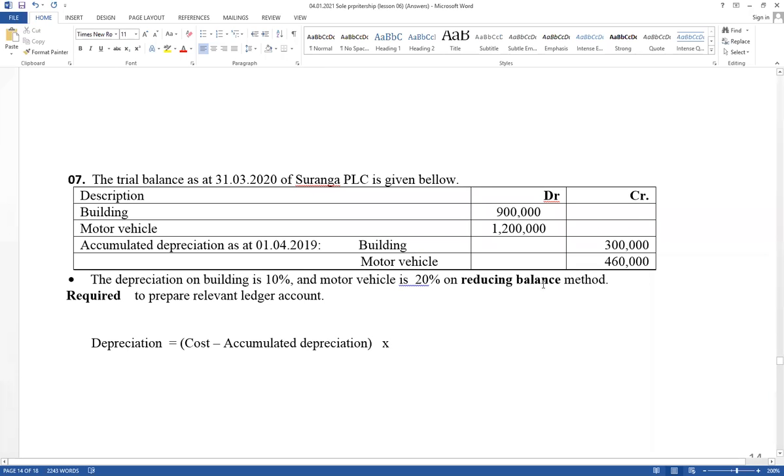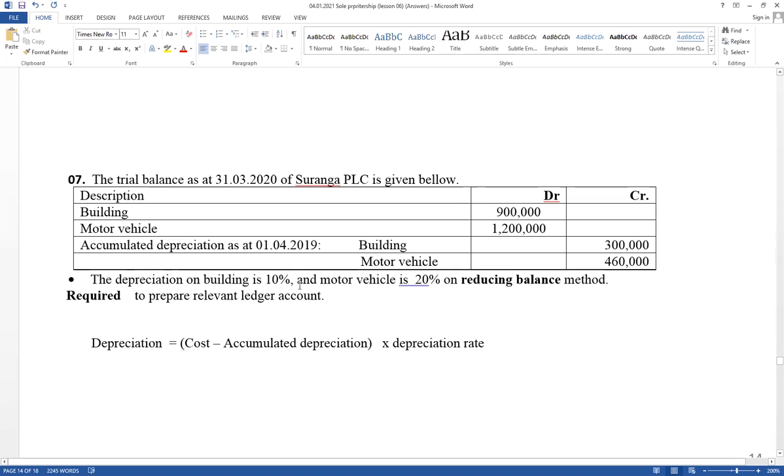Think about the equation for reducing balance methods. We have already discussed straight line basis. Therefore, here it is the depreciation rate. This is the equation you have to apply in the reducing balance methods. In straight line basis, cost minus residual value divided by lifetime or cost value into percentage. But here, cost minus accumulated depreciation into depreciation rate.